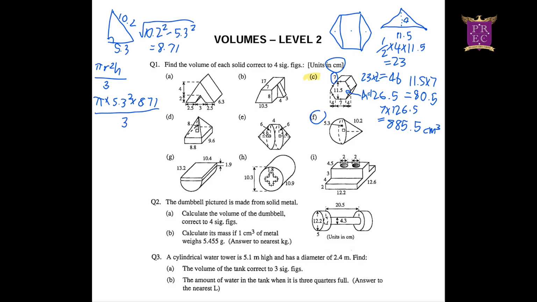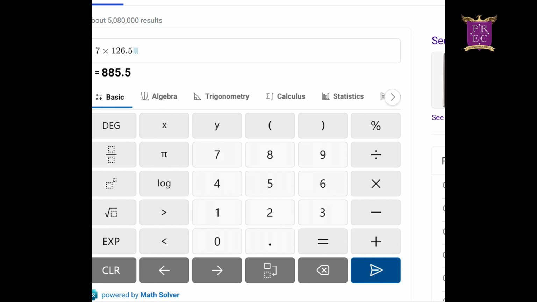Let's put that in the calculator now. Pi times 5.3 squared. So let's clear this. Pi times, we can actually use pi instead of just doing 3.14 because we've got pi over here. So if you have pi in your calculator, use pi.